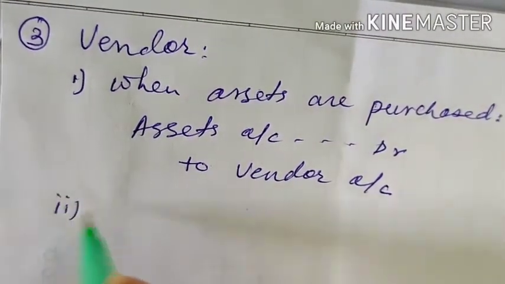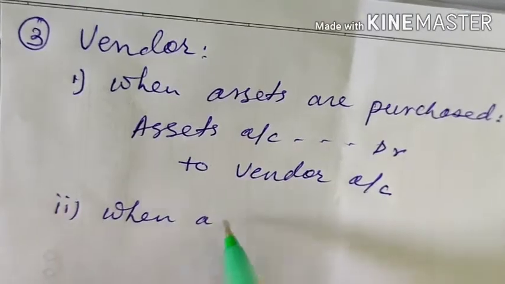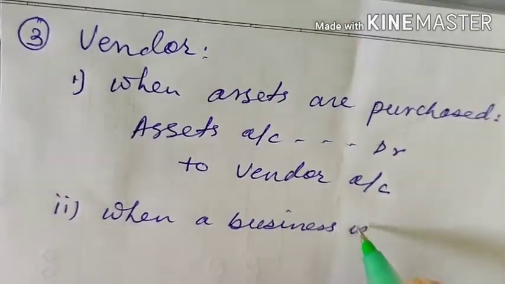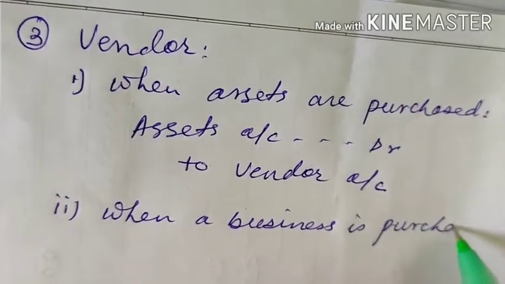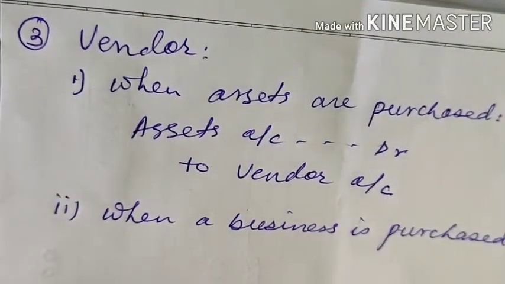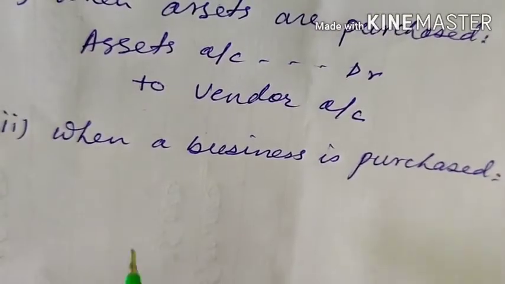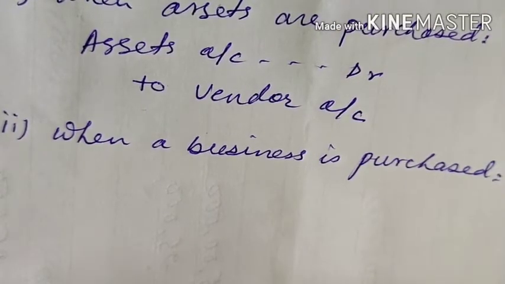Number two, when an existing business is purchased. When an existing business is purchased, the business will have assets and liabilities. And as you know, assets are debit, liabilities are credit.